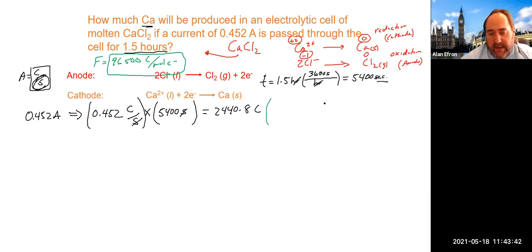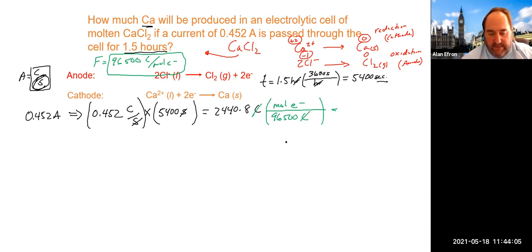So we want the coulombs to cancel. The 96,500, Faraday's constant, goes on the bottom, per mole of electron. The coulombs will cancel, and now we're at moles of electrons.